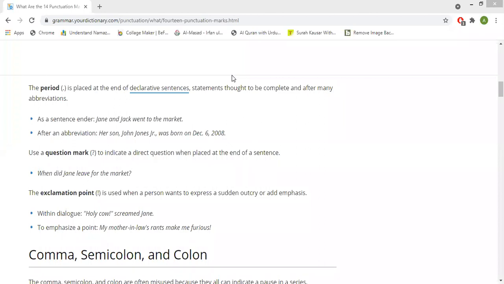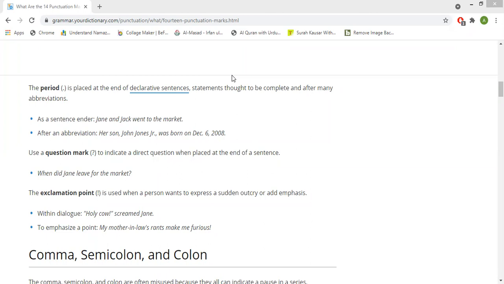When the sentence is completed, there we will use a full stop. Whether we are using a number of punctuation marks within the sentence, when the thought or idea is completed, there we will use the full stop as a sentence ender.